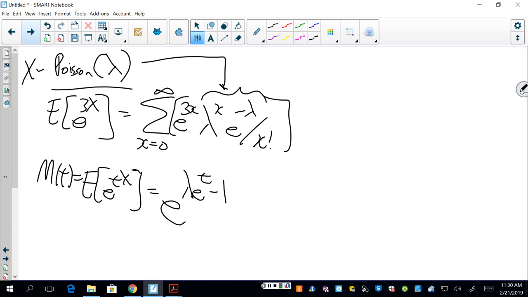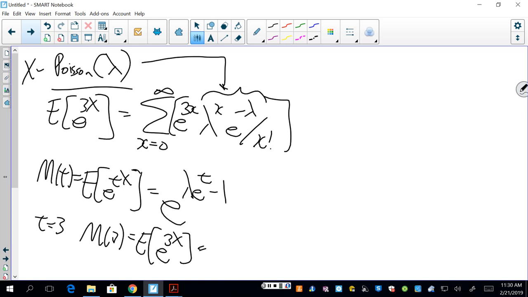What we're really asking is what's the moment generating function equal to when t is 3? So if we let t equal 3, the moment generating function at 3 is the expectation of e to the 3x.